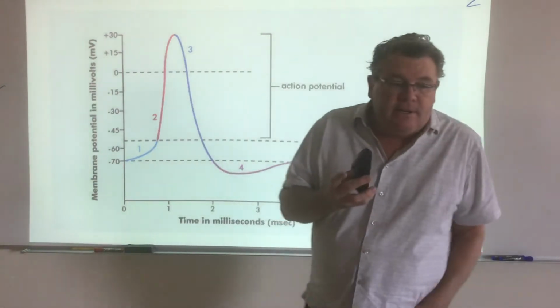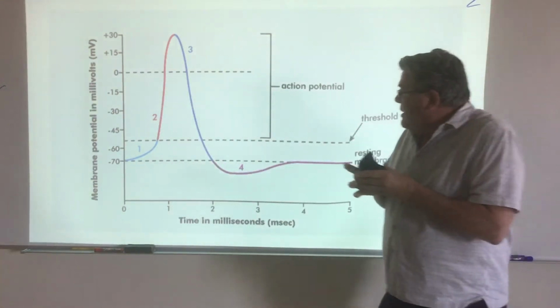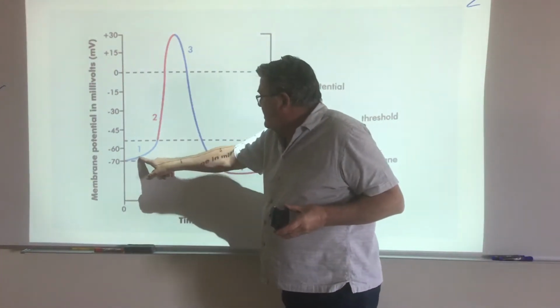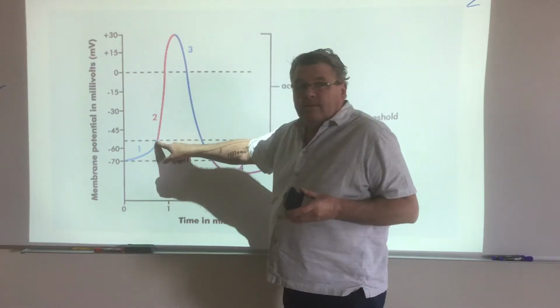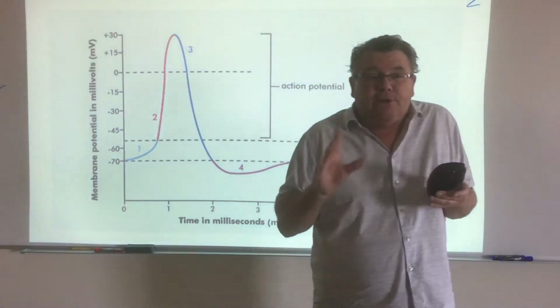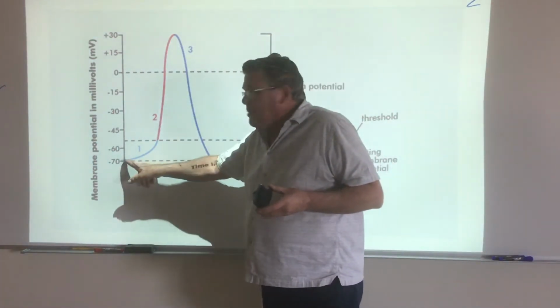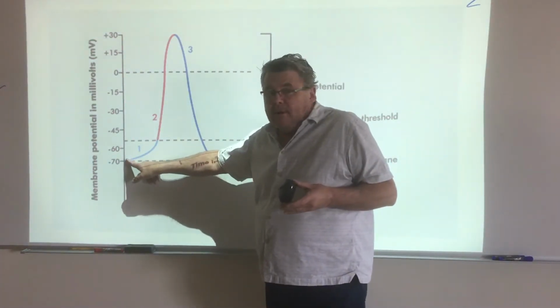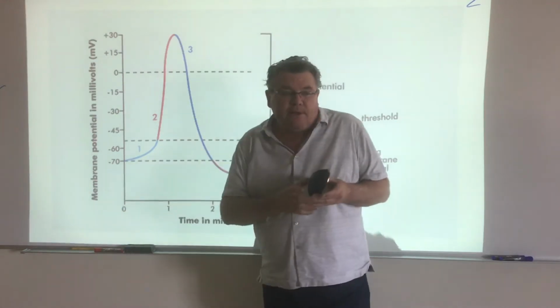So what's going to essentially occur is this is a chemical gated channel. When a neurotransmitter, that we'll talk more about later, binds with the outside of the membrane, it opens sodium channels.